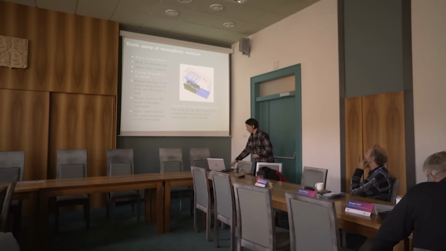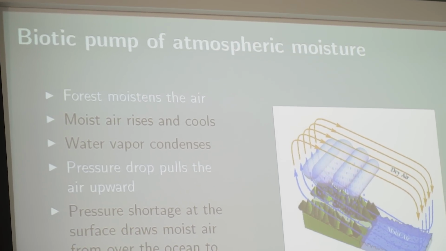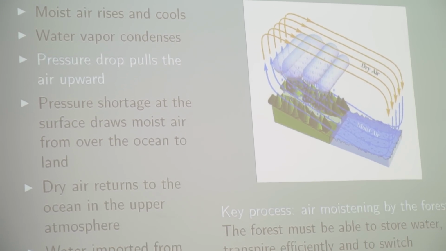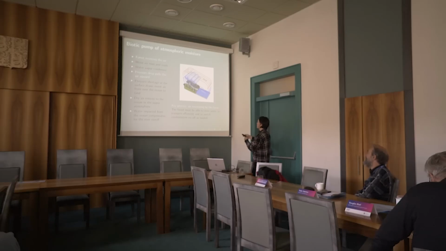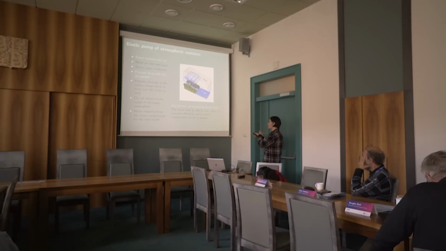And so, returning to how the biotic pump works, now we can see that the forest enriches the atmosphere with moisture, then the moisture rises, and so we have the formation of this vertical pressure gradient which pulls the air upward, and as the air goes upward, there is a pressure deficit at the surface, and so we have this pressure difference in the horizontal dimension between the sea and the forest, if there is a sea nearby.